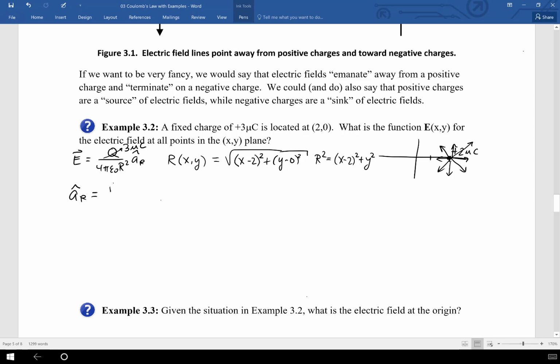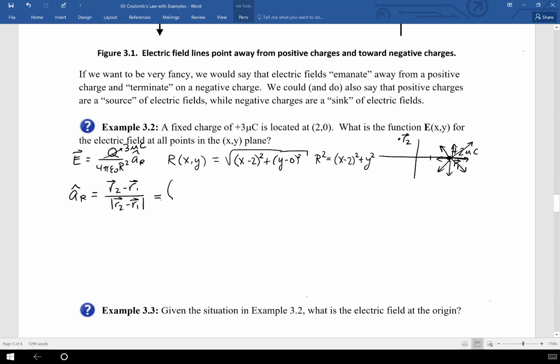So a sub r is going to be r2 minus r1 over the magnitude of r2 minus r1. And these are all vectors. Let me just take a minute and figure out what is R2. So R2 is going to be some point over here, and just sort of generically, I'm showing R2 as this generic point, but R1, of course, is going to be the point that we're actually talking about.